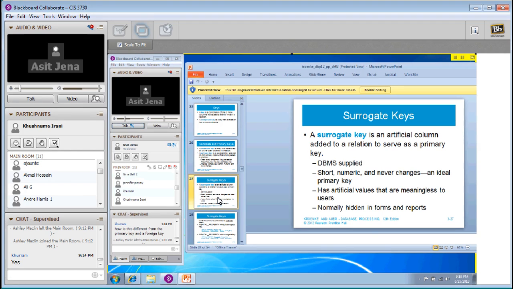And there are times when we use surrogate keys just because there is no great natural key. Like, if you call your pest control company and you say, okay, I need some pest control service. They type in your address and they say, okay, when do you need it.